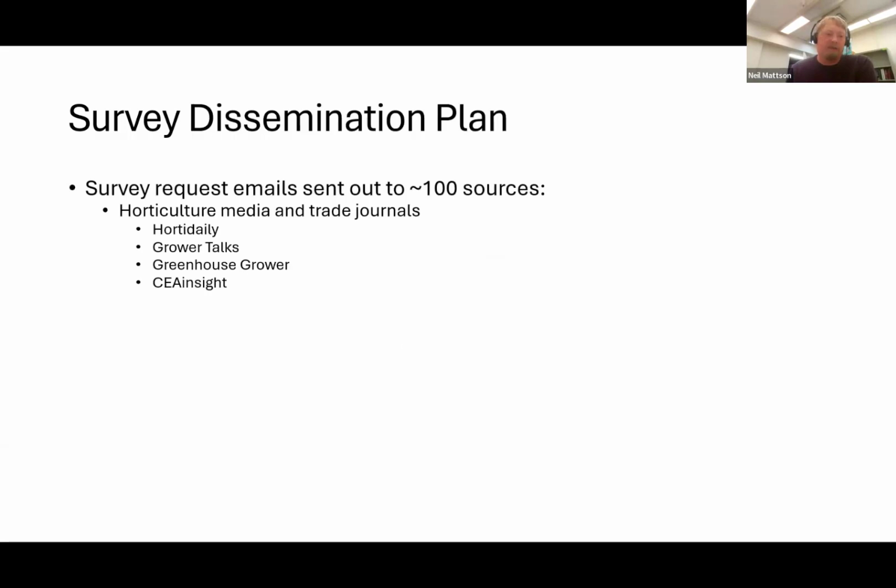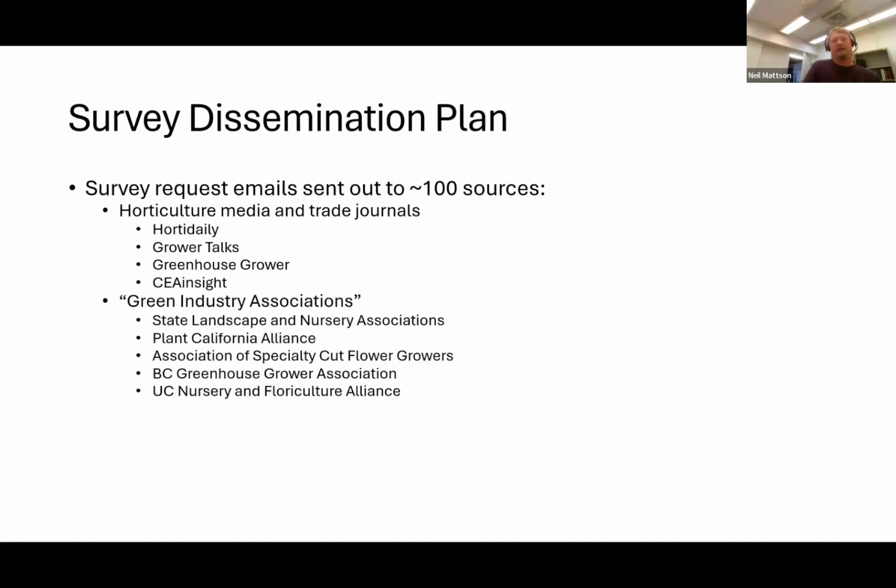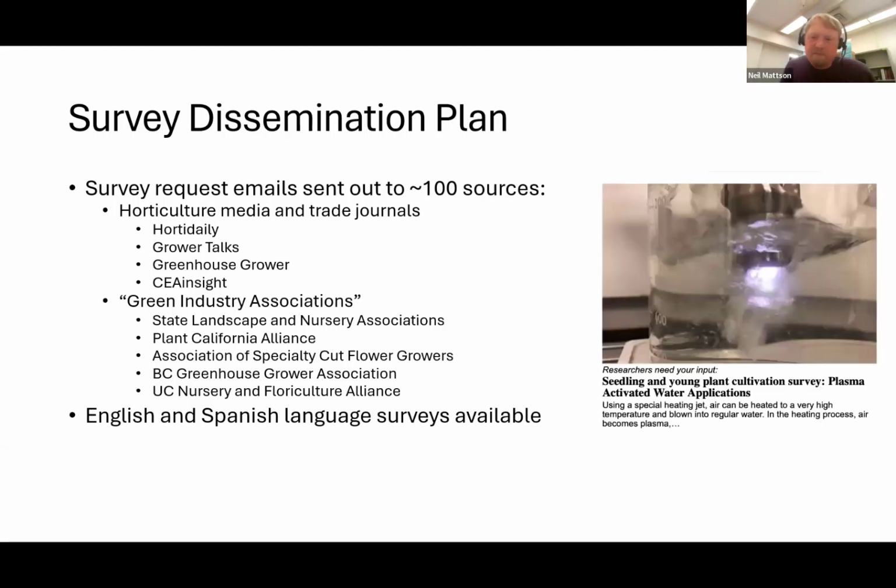So we developed a survey. We worked closely with the PIs on the PAW project to make sure it could be filled out in less than 5 minutes. We sent out survey request emails to about 100 different sources, focusing on horticultural trade journals as well as green industry associations or greenhouse state associations. We distributed both English and Spanish language versions of the survey.